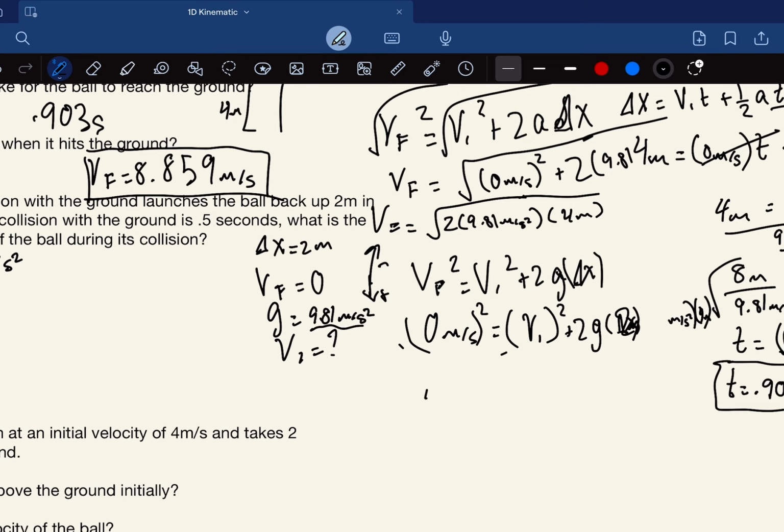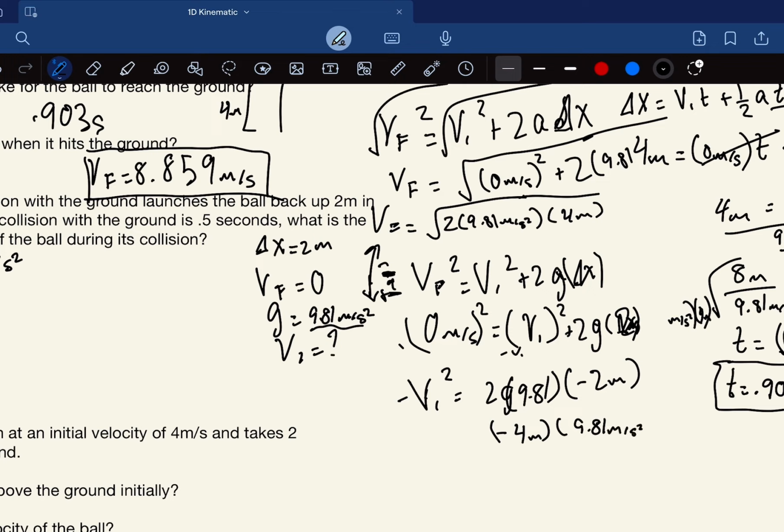Then we subtract VI, and we get VI squared equals, these are in opposite directions, so it's 2 times 9.81 times, this would be negative VI, and since the displacement is upwards, that means it is negative, so this would be negative 2 meters. So we would have negative 4 meters times 9.81 meters per second squared, and you would take the square root.